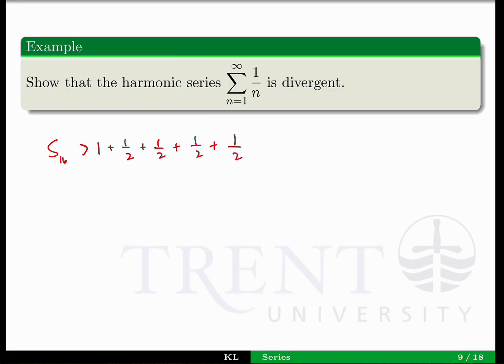This is from your S1. This is your S2. This one S4. This one S8. And this one S16.